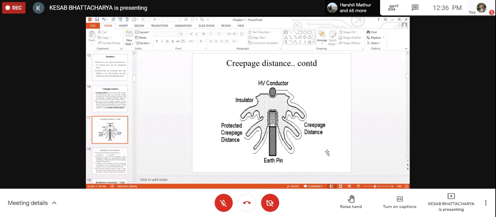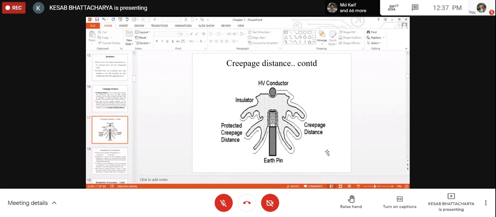But practically, we cannot make any such insulator with infinitely high impedance or resistance of the insulating material.